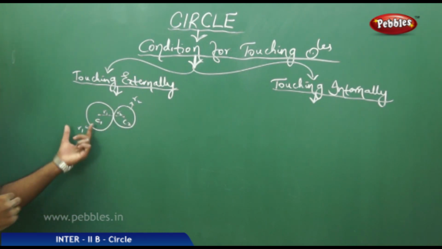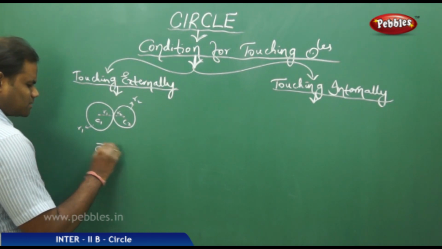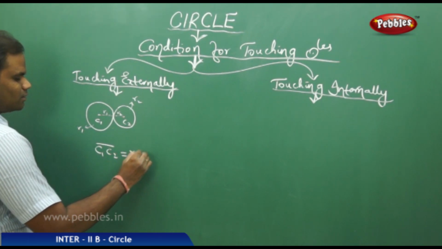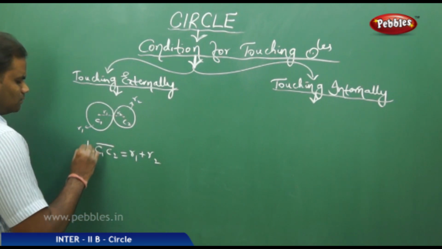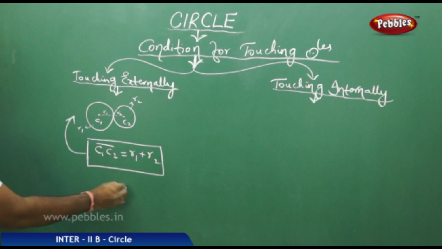So in order that these two circles touch, the condition is the distance between C1 and C2 must be equal to R1 plus R2. This is the condition for two circles to touch externally.